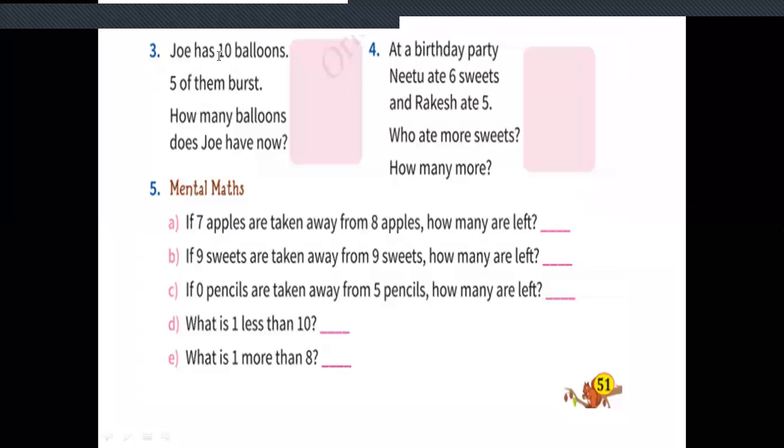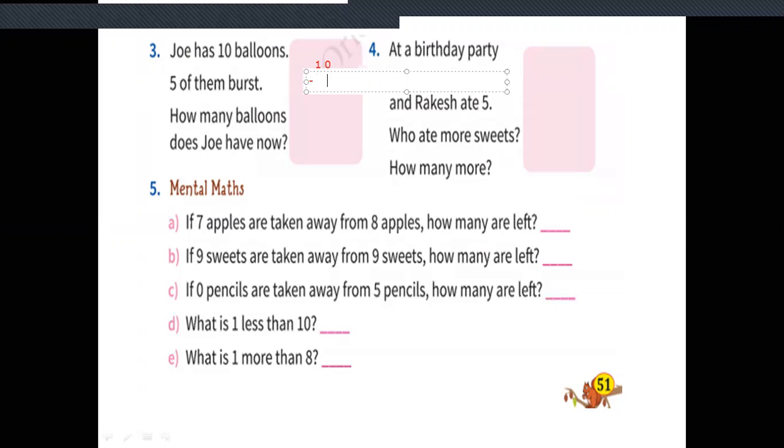Next, Joe has 10 balloons. How many balloons? He has 10 balloons. Okay. In that, 5 of them burst. How many balloons does Joe have now? Since 5 of them burst, you have to subtract.